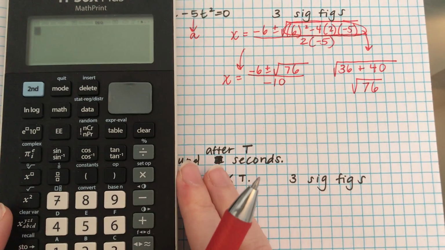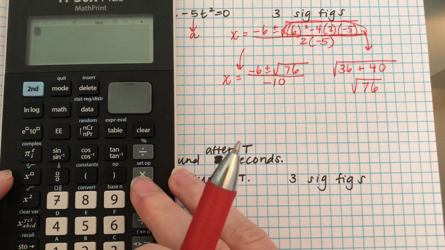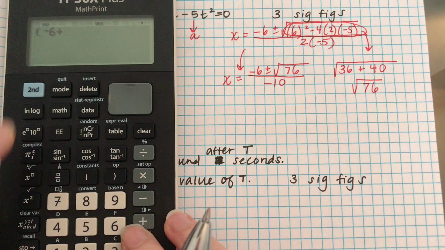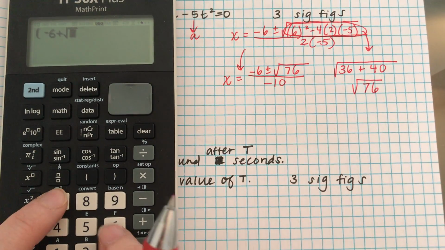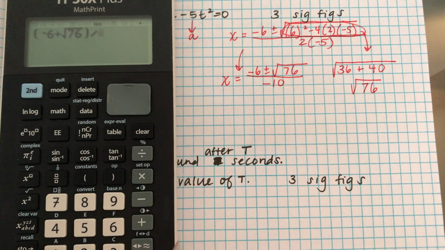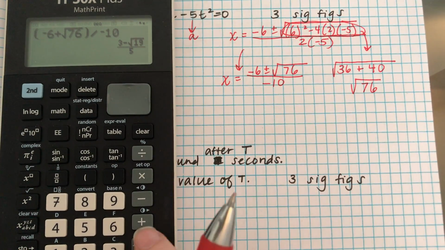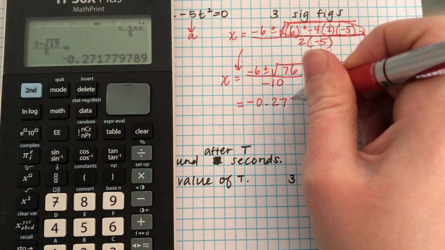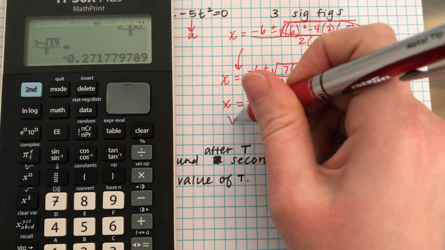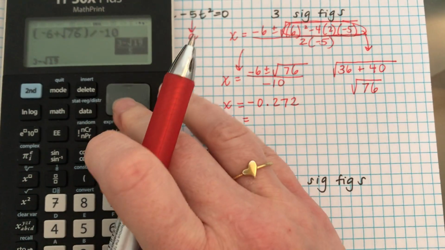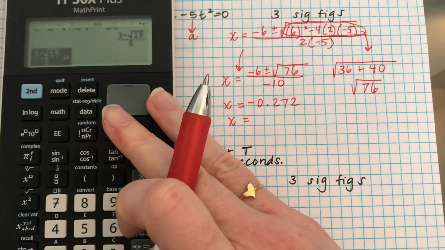Okay. So I'm going to use brackets, minus 6 plus first, the square root of 76, divided by minus 10 gives us negative 0.272. And then we also have, I'll change that to a plus.